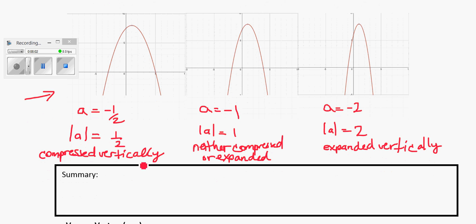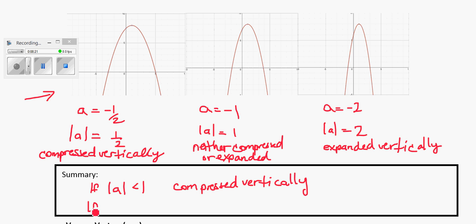And in summary, the rule is that if the absolute value of a is less than 1, then it's compressed vertically. If the absolute value of a is greater than 1, then it's expanded vertically.